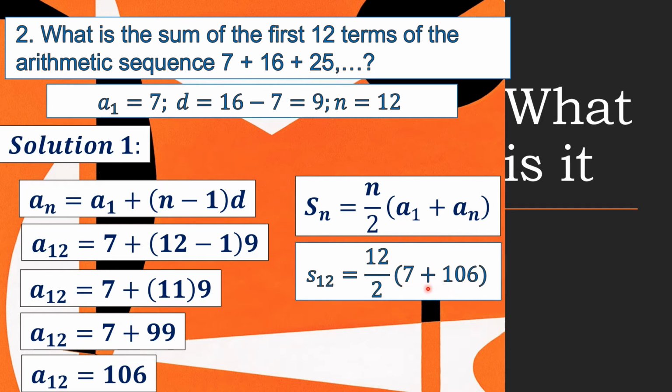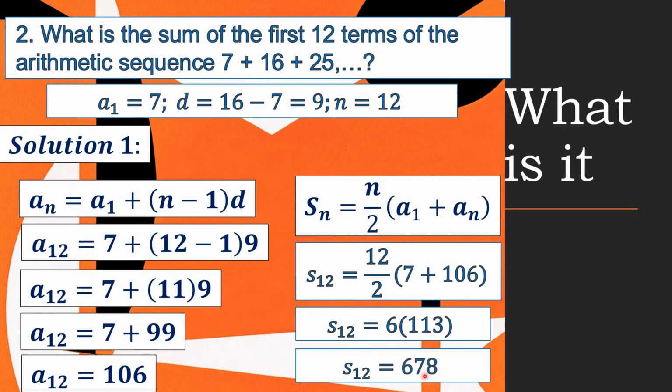And 106 plus 7, that is equal to 113, and 12 divided by 2, that is equal to 6, and 6 times 113, that is 678. So, ang ating S sub 12 ay 678, or sa madaling sabi, the sum of the first 12 terms of this arithmetic sequence is 678.